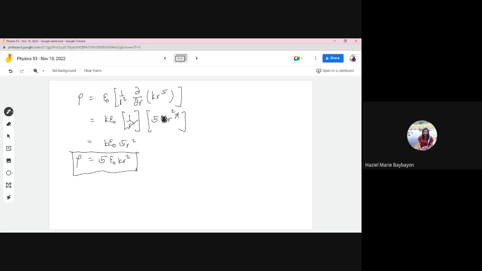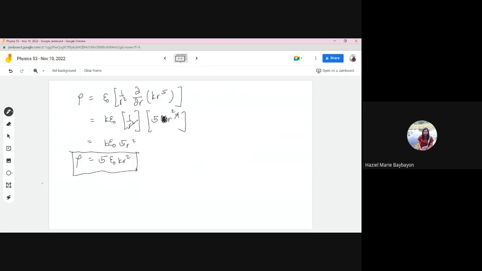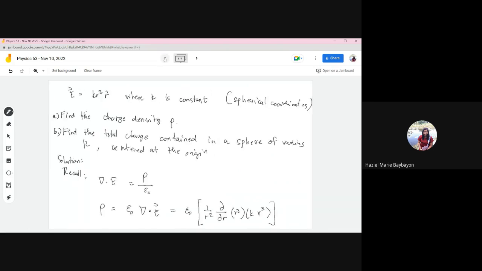Okay, and then how about the total charge? Now, for the total charge, find the total charge. Since we have rho, the value of rho is known.